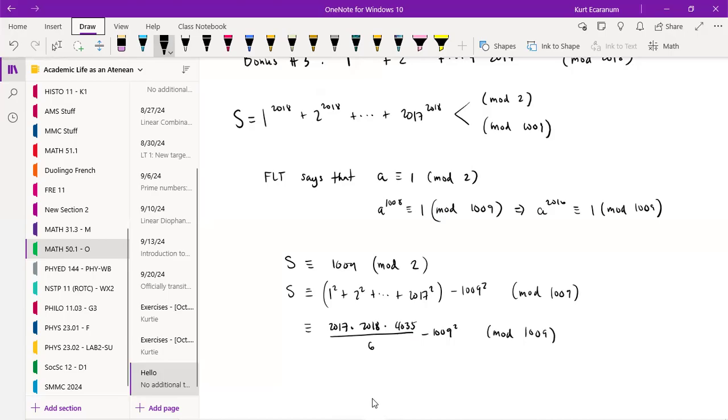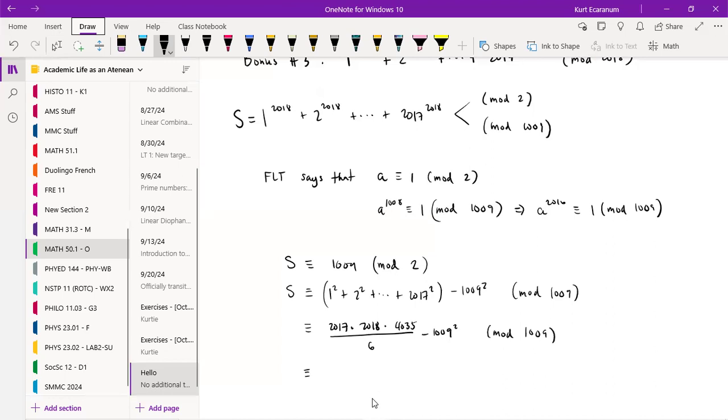And ano ba ang value nun? Sige. Gagamit ako ng calculator for that. Oh, wait lang. I don't need a calculator.